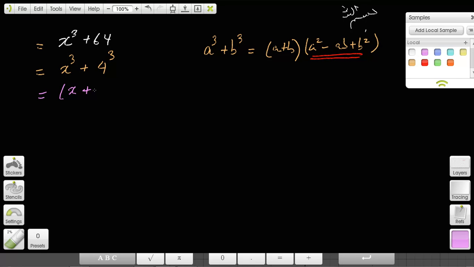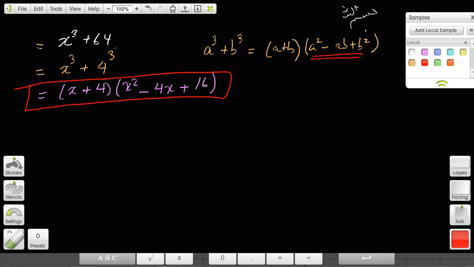So x plus 4 times x squared minus ab, which is 4x, plus b squared, which is 4 squared, 16. Okay, so the answer is this. So this cubic expression factors into that. Now it's longer, right? But that's the way it factors. Now this you cannot factor any further. That's not a factorable thing.